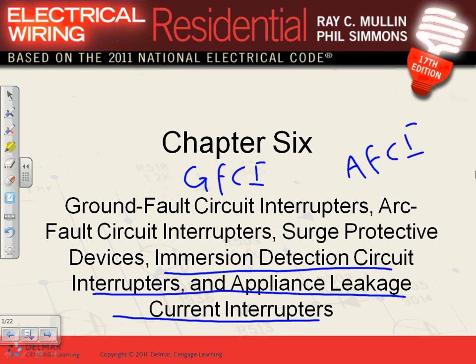So long story short, if you have a plug that you're using close to water, like grooming your hair, and you drop that appliance while energized in water, that device will de-energize. That immersion detection circuit interrupter will de-energize the equipment before you get electrocuted.